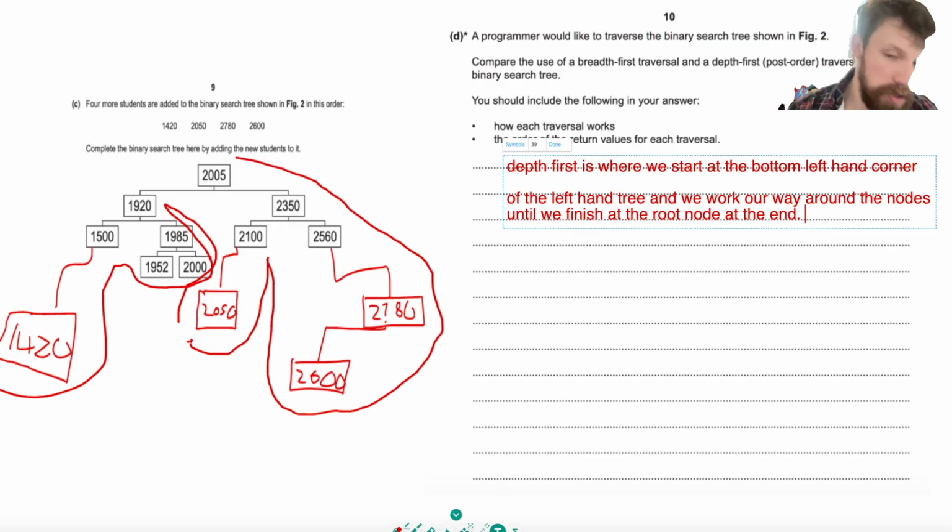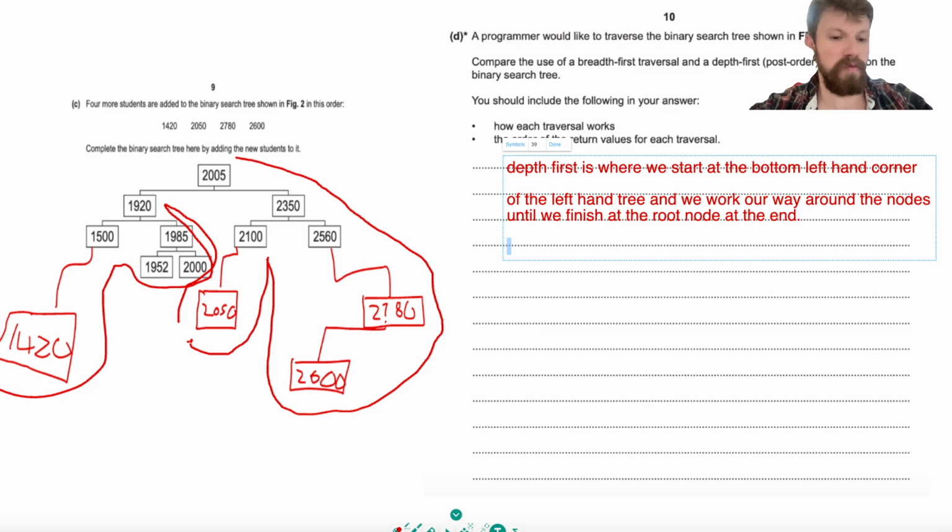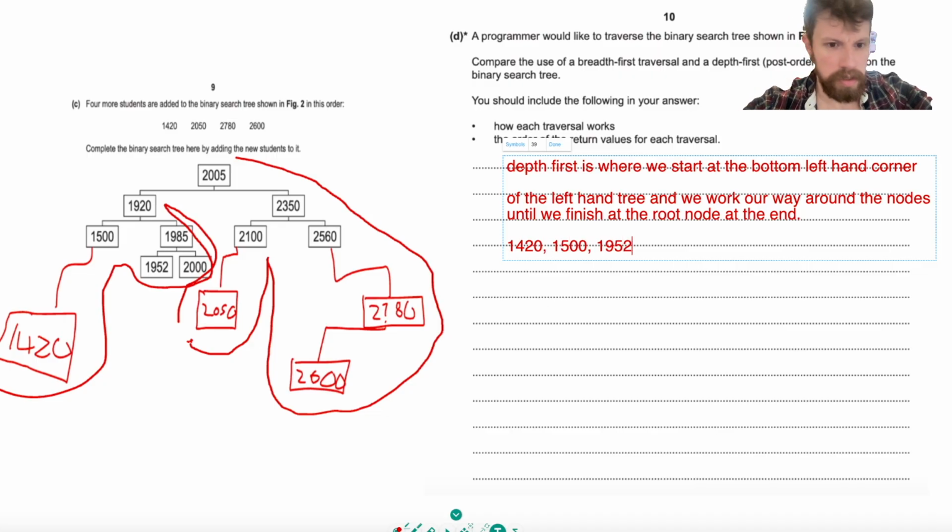And then to get the application marks, I would write down the nodes and the order in which they're visited. So 1420, 1500, 1952. Remember, it's working its way around the outside. 2000, 1985, 1920.